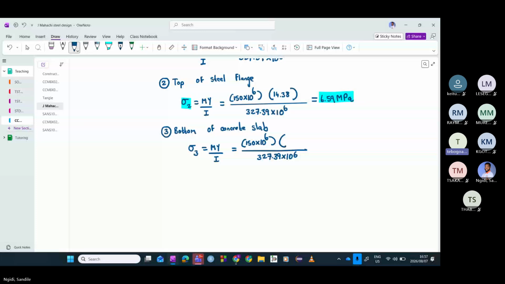Is it 14.38? 14.38. Because if you look into this position, position 2, it's the same as position 3, really. So the top of the steel flange is the same as the bottom of the steel flange.